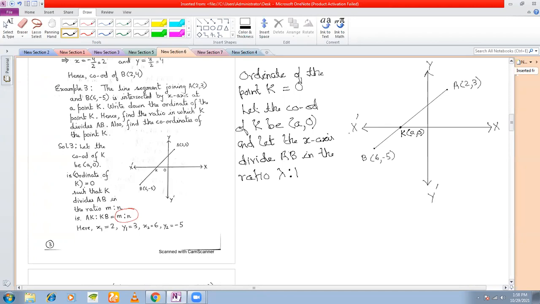So that means if I'm taking this as my (x1, y1), then this becomes my (x2, y2), and from where I am starting with (x1, y1), lambda parts lie here, and only one part lies here. This is what the ratio means.